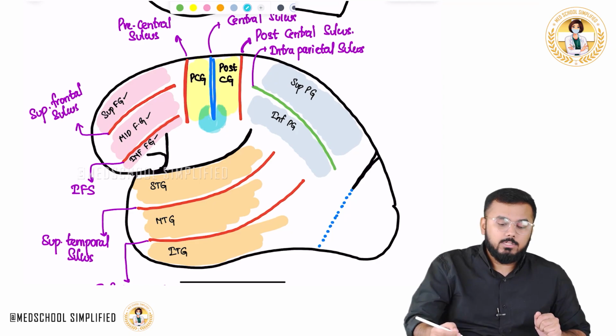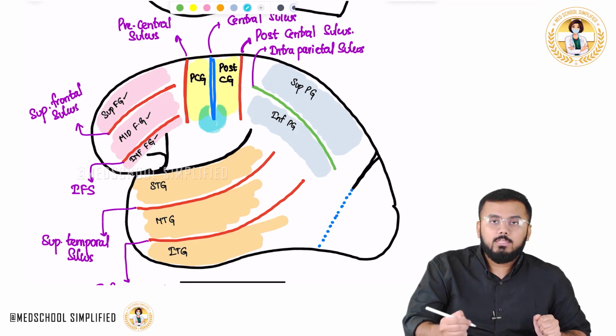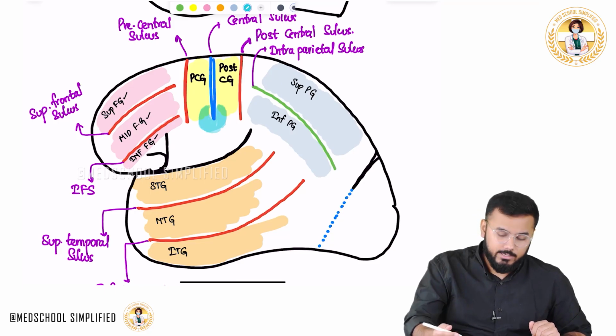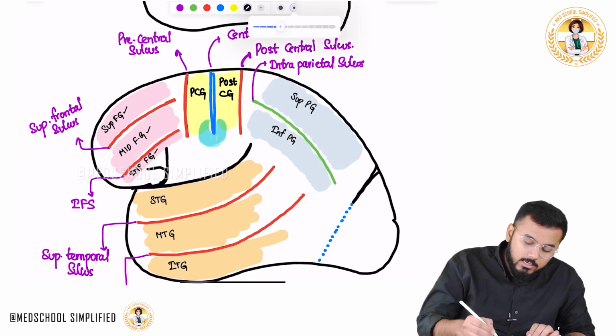This gyrus is in the form of an arch, right? So you call this gyrus the arched gyrus. What is this gyrus called? This gyrus over here is called an arched gyrus.